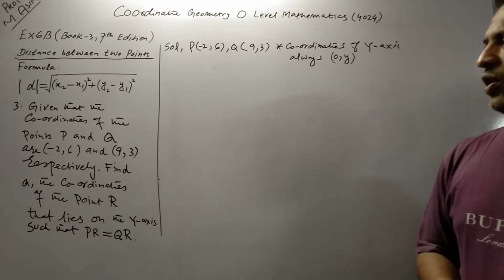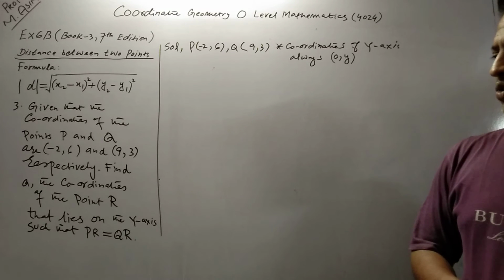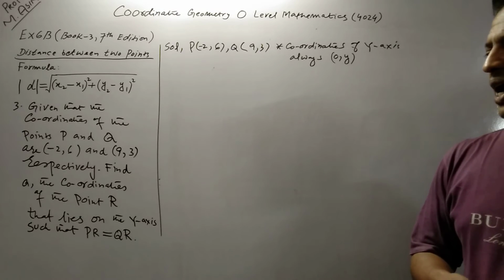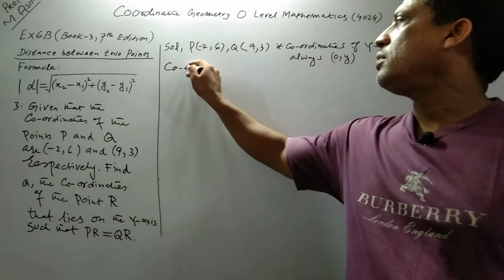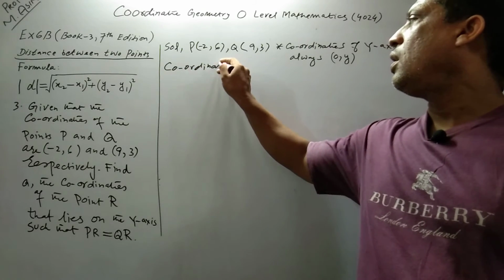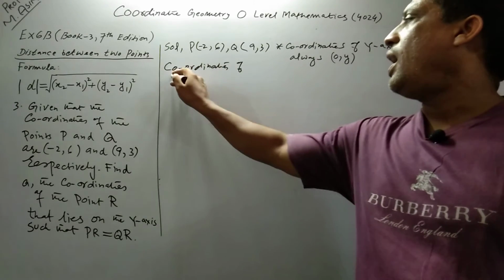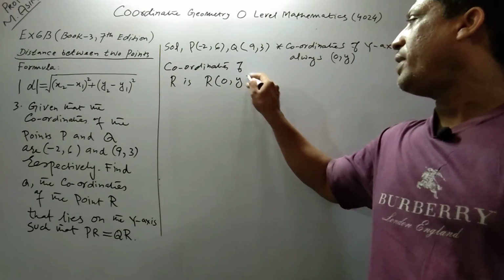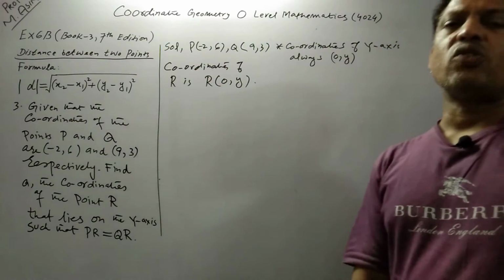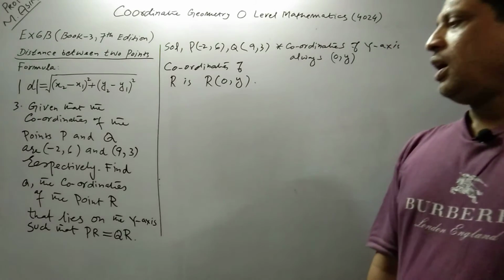Find the coordinates of the point R that lies on the y-axis such that PR is equal to QR. So the coordinate of R is 0, y, because it lies on the y-axis.